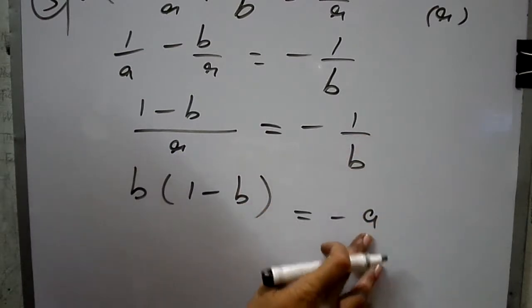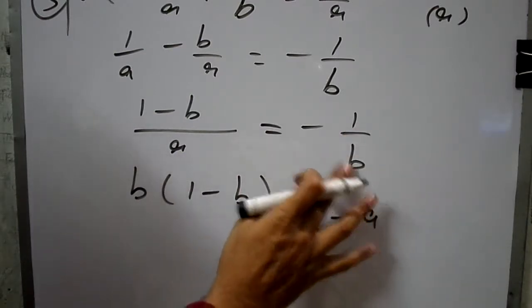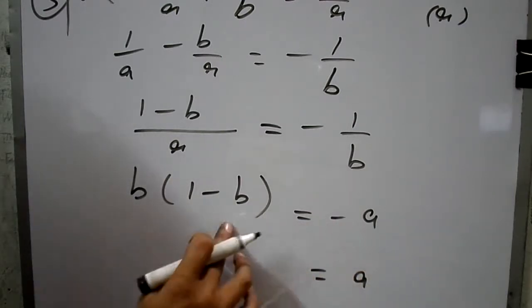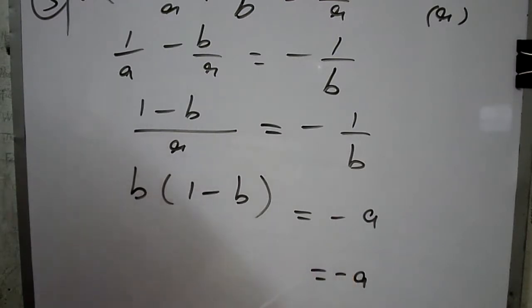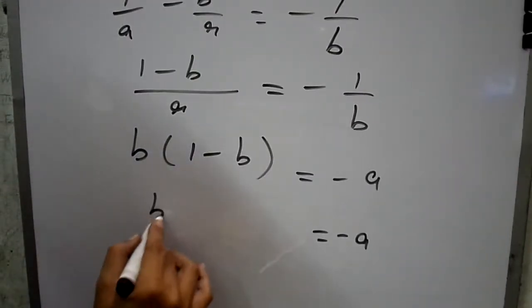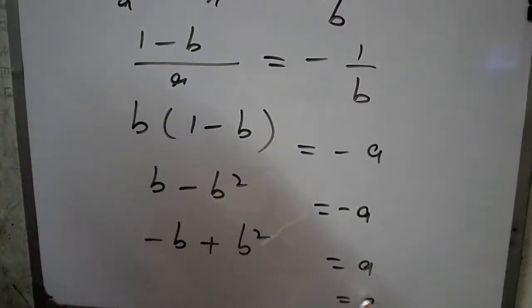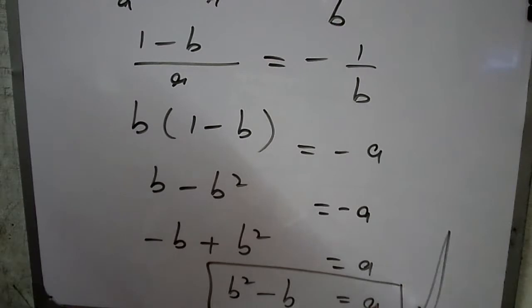This a will be multiplied, 1s are a, and this b will multiply with this one. But you need the value of a, not minus a, so minus will be divided here, or first of all you can say b minus b square, and that is your minus a. But you need the value of a, so it will become minus b plus b square. But you need the positive term written first, so b square minus b, so that is your result, that you have made a as a subject.